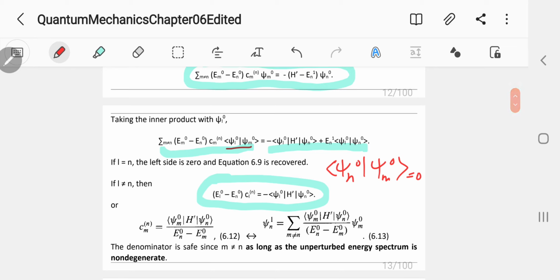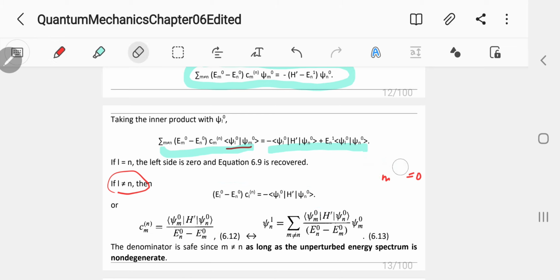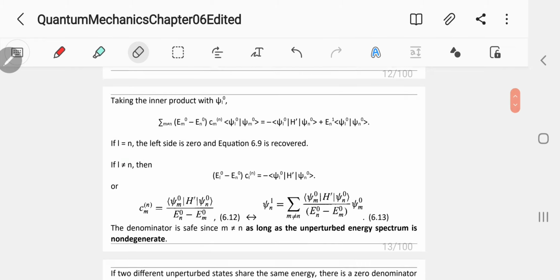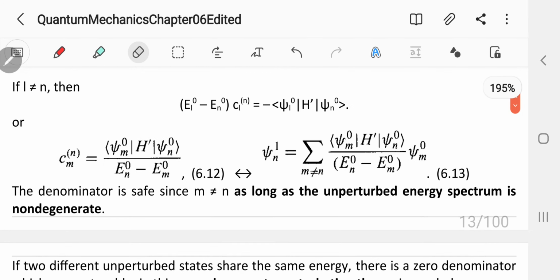So everything on the left side would be 0, and so if l is not equal to n, then we will have c_m to be this one. And our phi^1 will now be this one here.